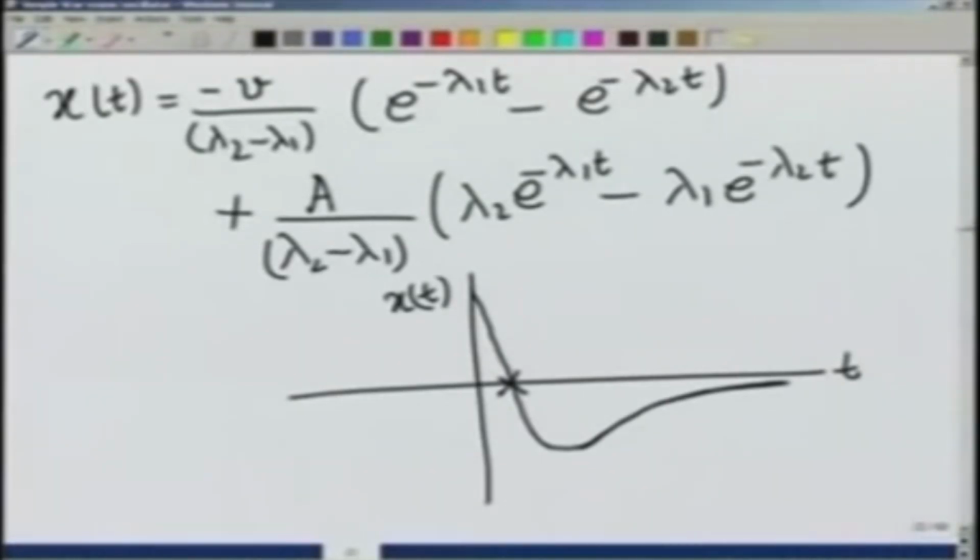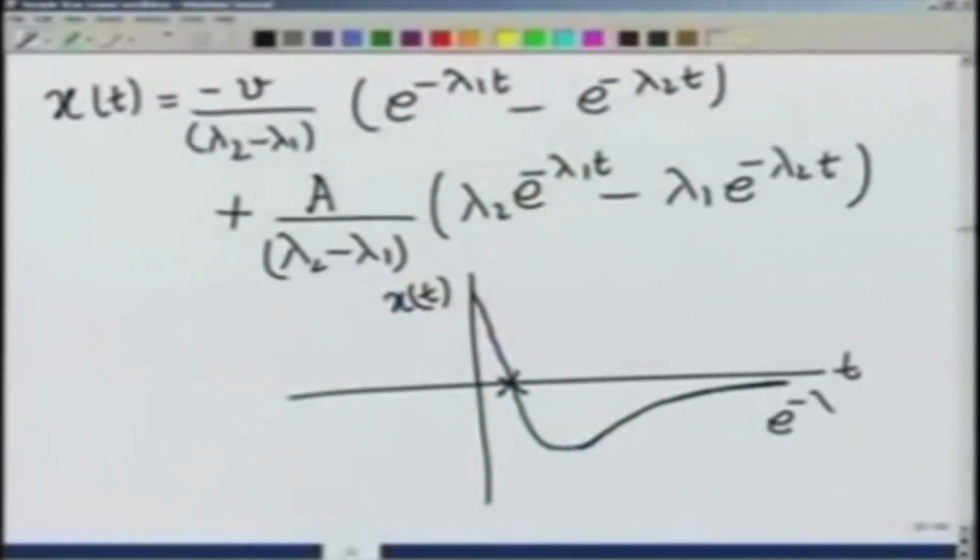So, we conclude that in the heavy damping case, the particle can cross the equilibrium point at most once, and then far away the solution decays as e raised to minus lambda 1 t. So, when time becomes large, slowly the particle comes towards the equilibrium point. This is the case of heavy damping.